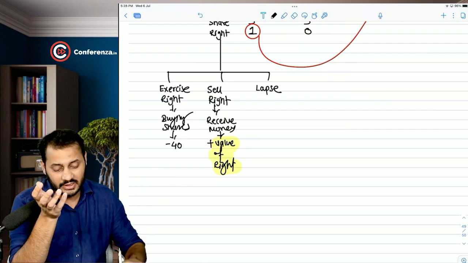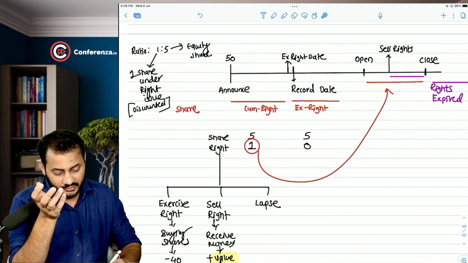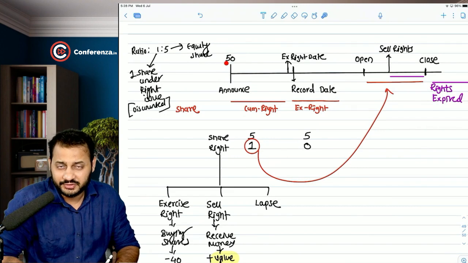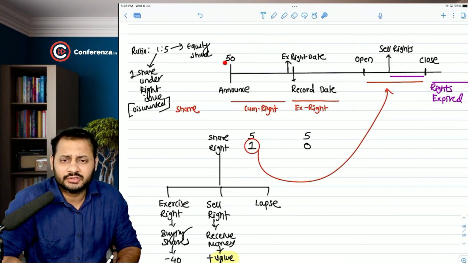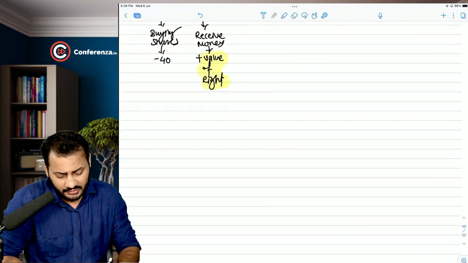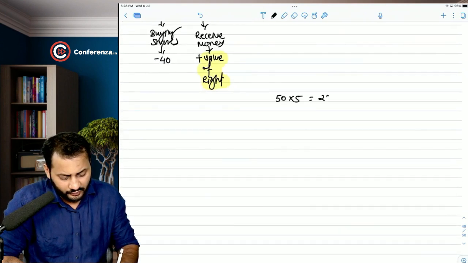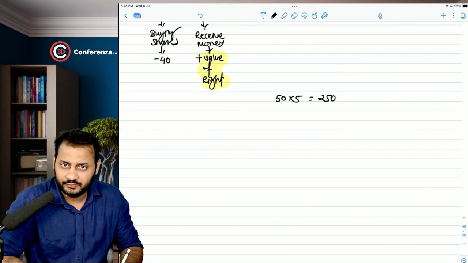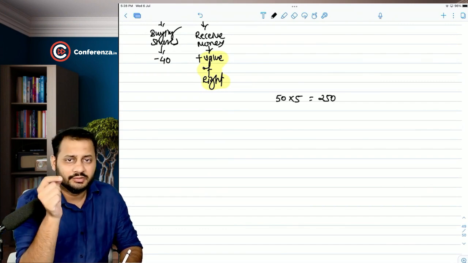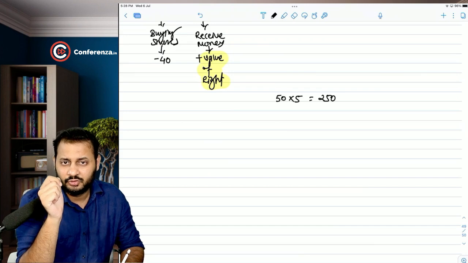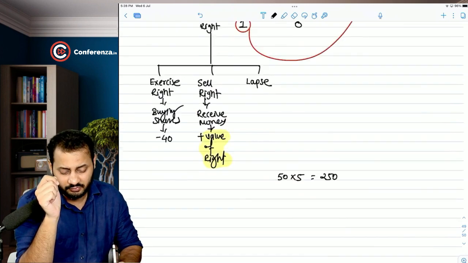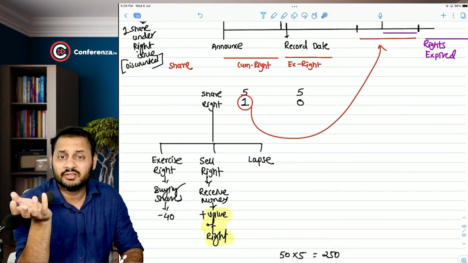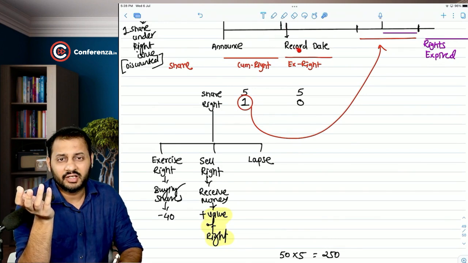Because what happens is that, suppose you have a portfolio of 5 shares, and the market price of that was 50. So the total portfolio value that you had is 250. And you got one right to buy the share at a discounted price. But you are doing nothing, just waiting and waiting.